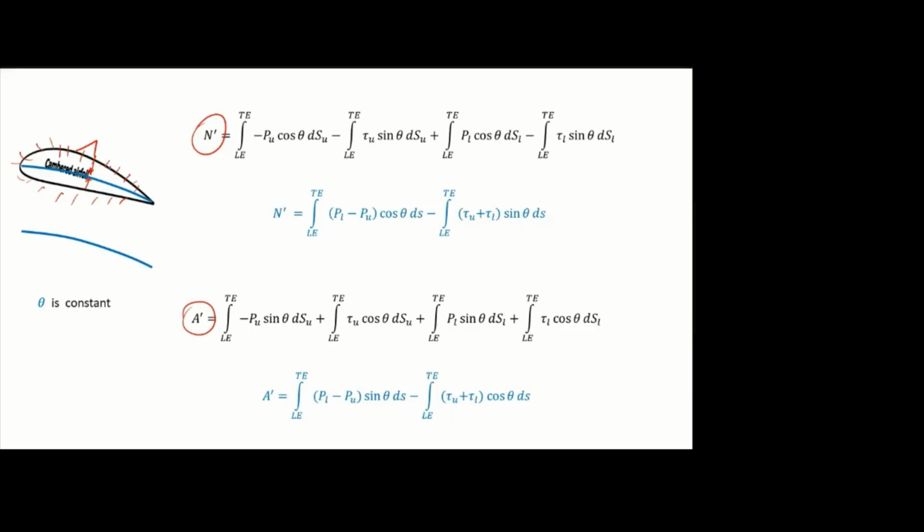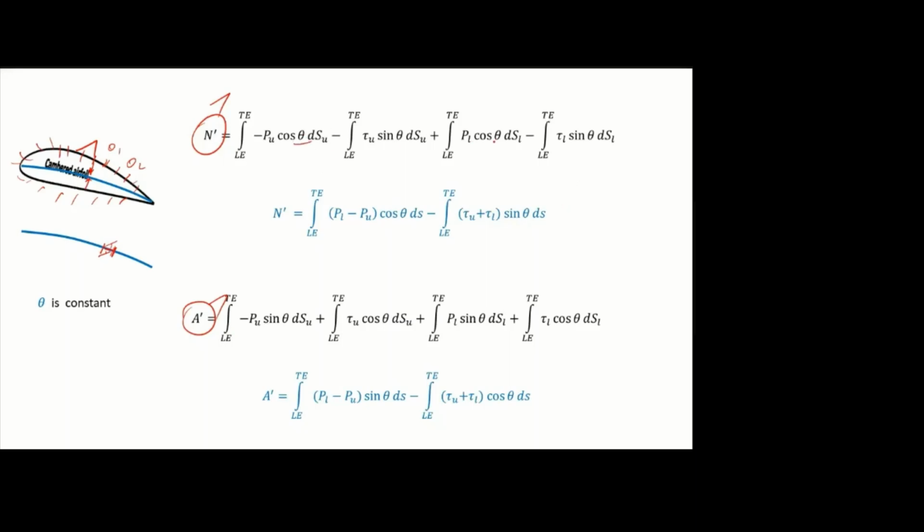So if you take a thick aerofoil where the theta is different at different locations, then this equation will work. But if you take the thin aerofoil, then if you take one small section, the theta above and below will be the same. So in that case, we can simplify this equation like this.